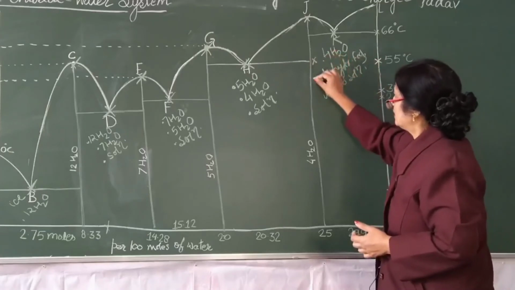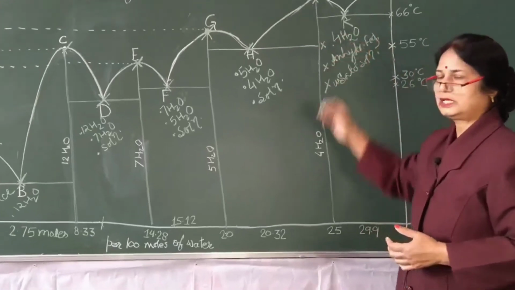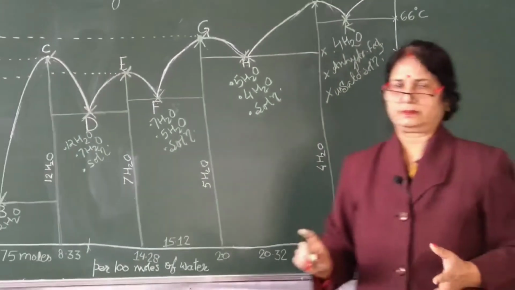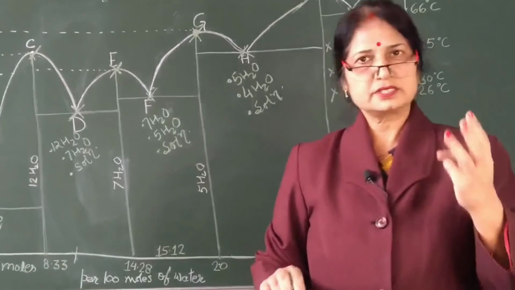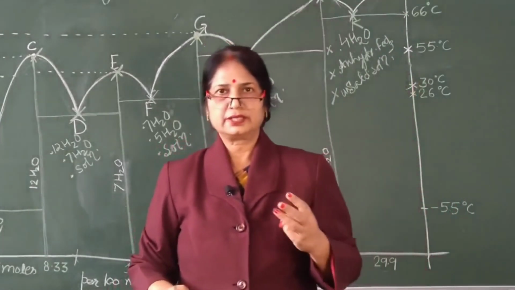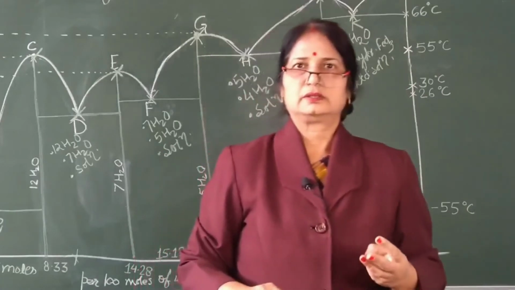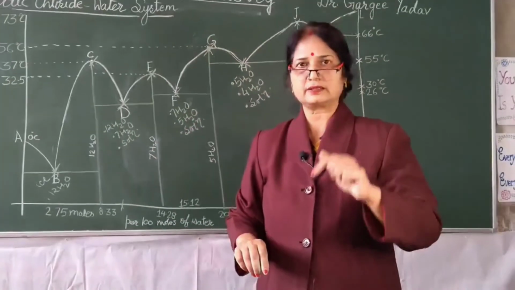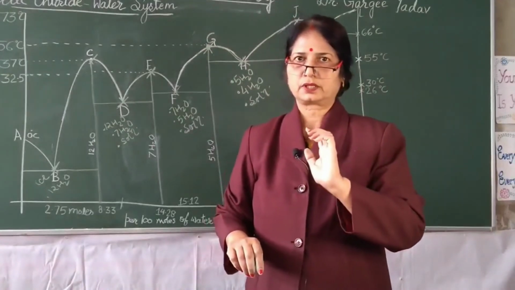So these will be our three phases in equilibrium at our eutectic point K. And since three phases are in equilibrium, if we calculate the degree of freedom over here, that will again come out to be 0, which means the system is non-variant at this point K.